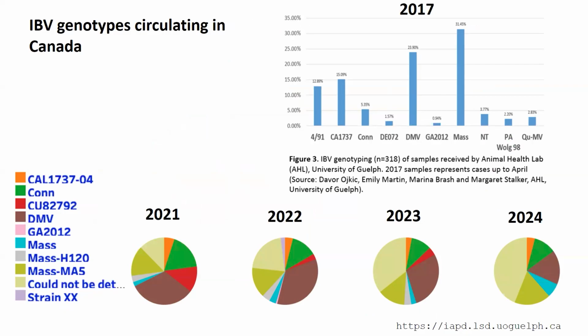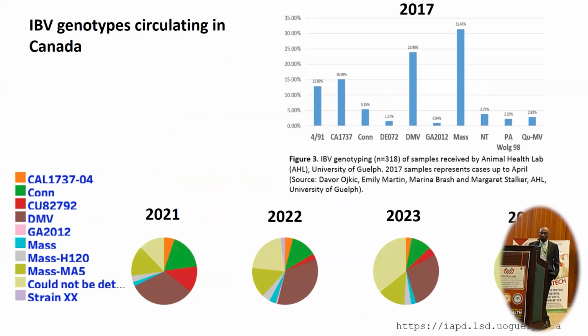So until 2017, in Canada, 491 was dominant. It was causing problems. At that time, I can remember I was a newly recruited faculty member, and the government of Canada, who are responsible for registering vaccines, consulted me to ask, should we import the 491 live attenuated vaccine?